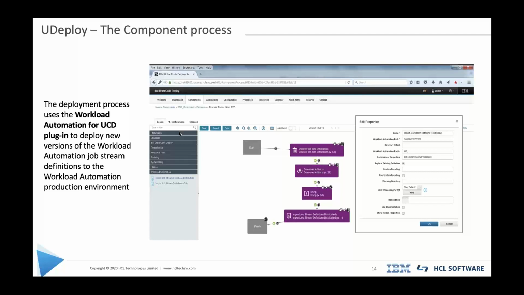So you could even make this a workflow automated by workload automation, but maybe this would be a little too complicated. But this is just a way to automate the process, integrating workload automation with Urban Code Deploy.